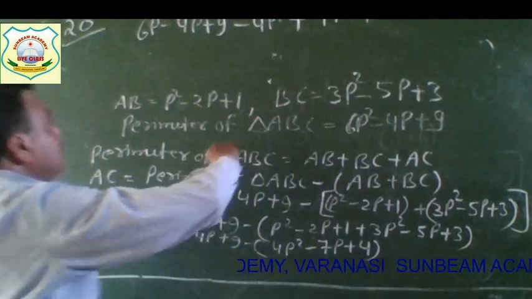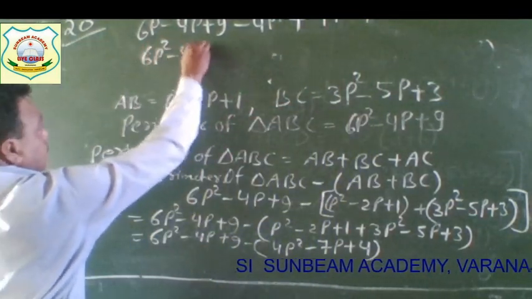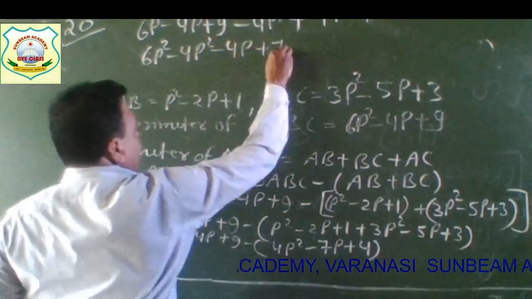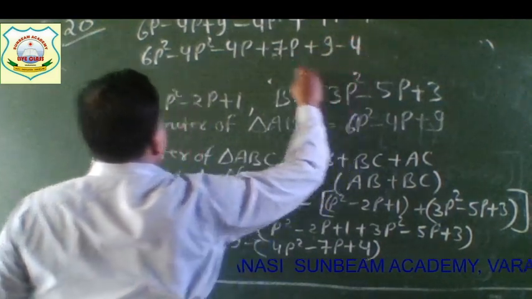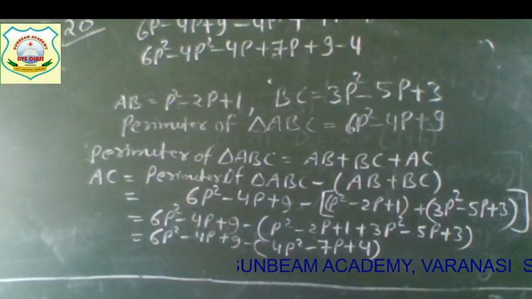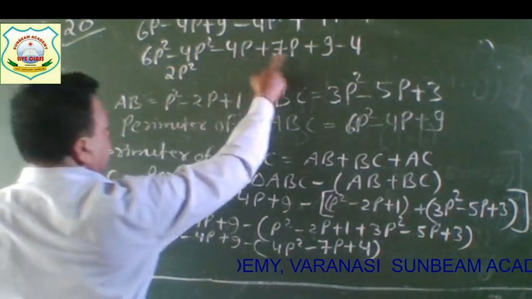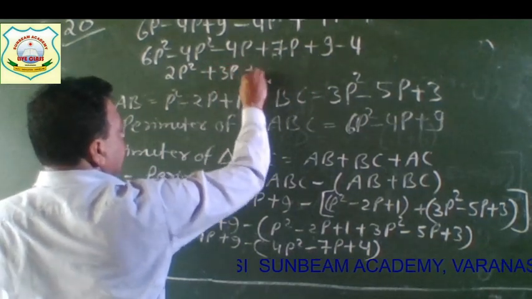So 6p square minus 4p square is 2p square, then minus 4p plus 7p is plus 3p, and 9 minus 4 is plus 5.